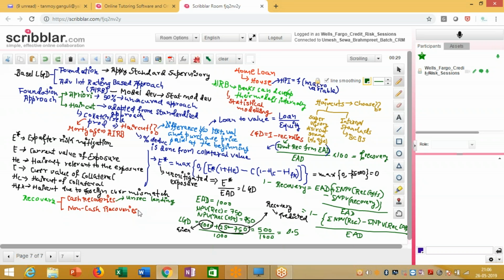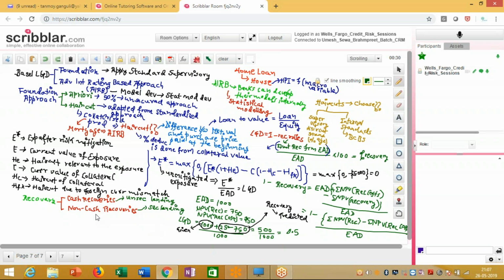And over here, non-cash recoveries are there for secured lending, right?